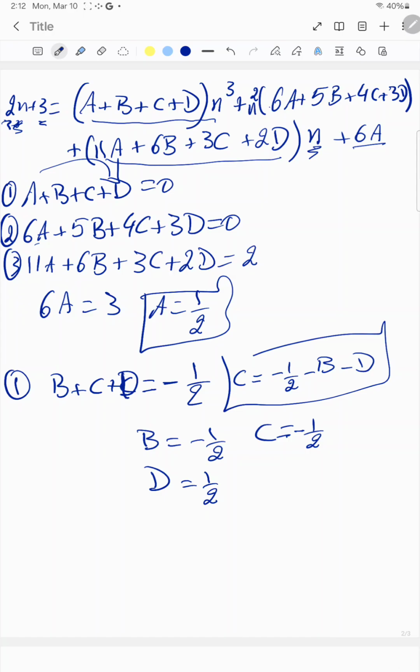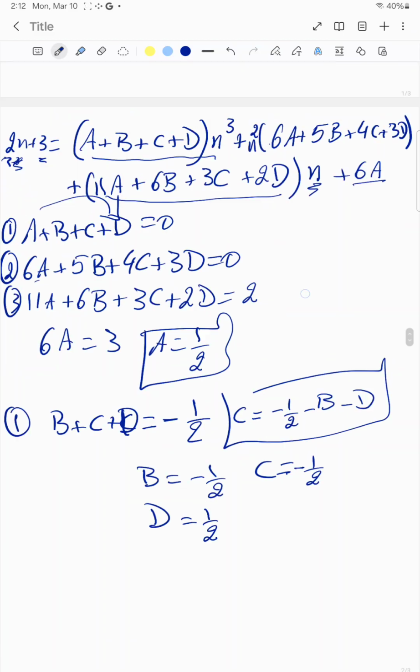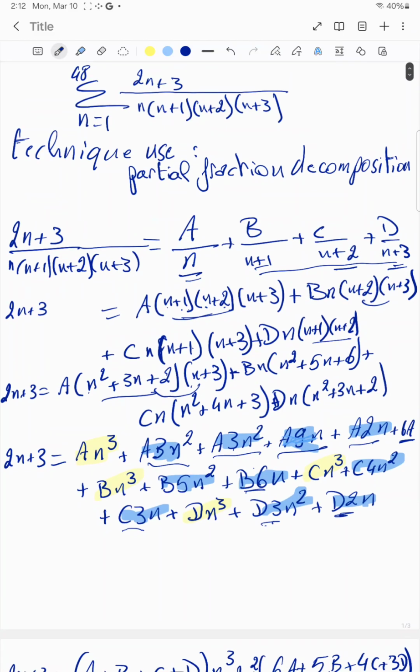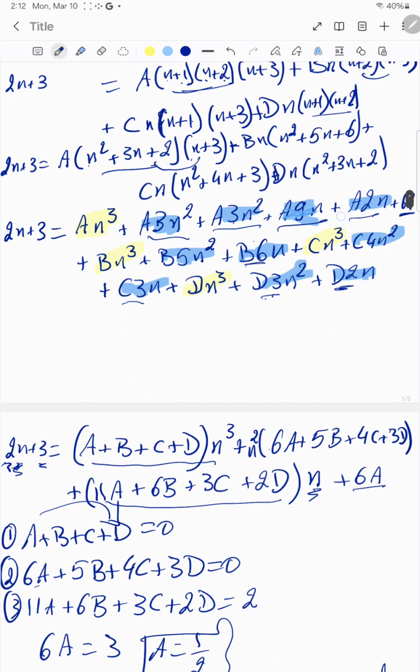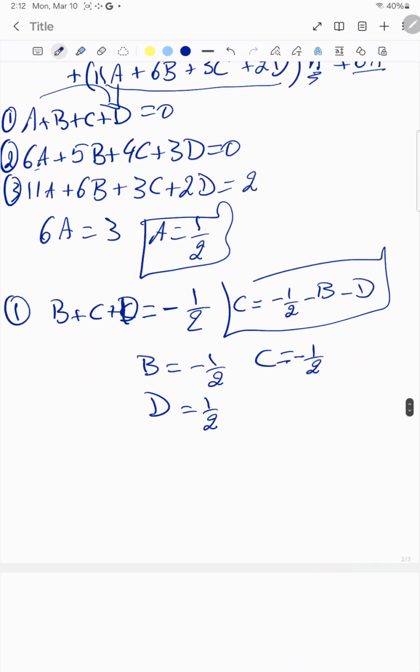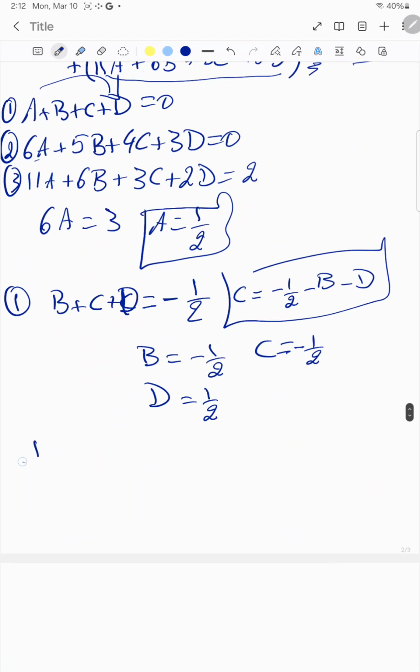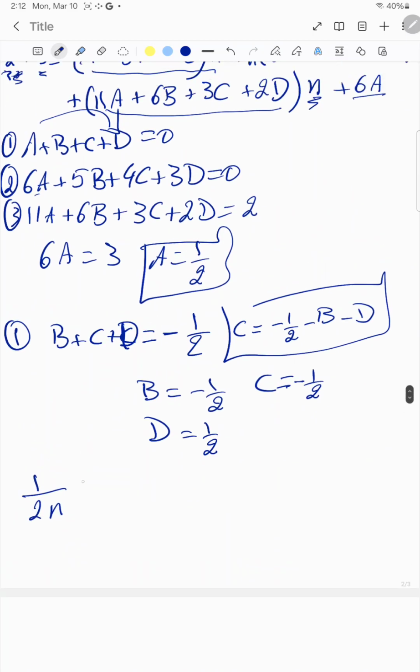I don't know if you want me to do one, but I'm sure you know how to do it. I'm not going to waste the time doing that. So my sum that I put here becomes the a with that, it's 1/2n, because I have a divided by n, and my b is minus 1/2, it was n divided by n plus 1.